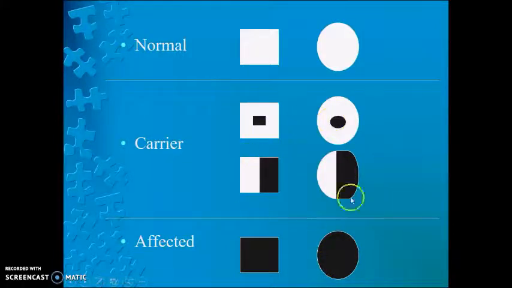Now, this one in the middle that I'm showing as a carrier, not all pedigrees will use this. A lot of pedigrees will only have not shaded for not having the disease or shaded for having the disease. They will not use this heterozygote, but some will, so I want to go ahead and introduce you to it. If they do use it, then there's two ways that they can show a heterozygote or carrier.